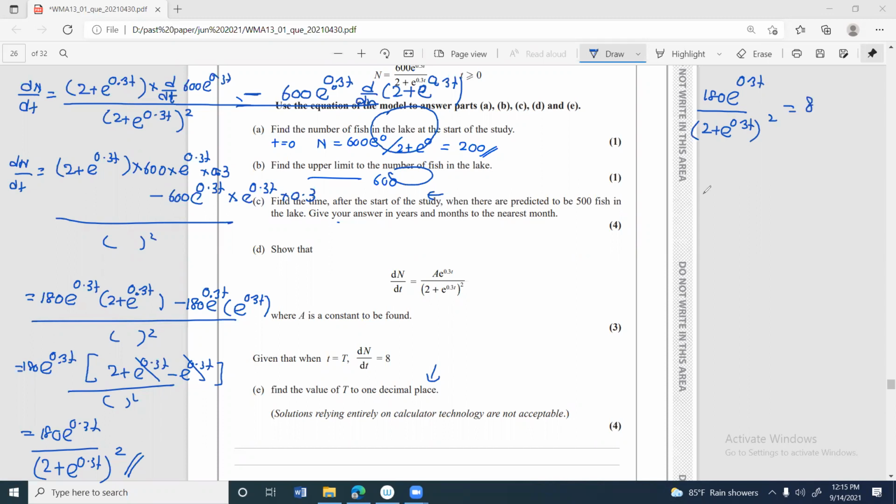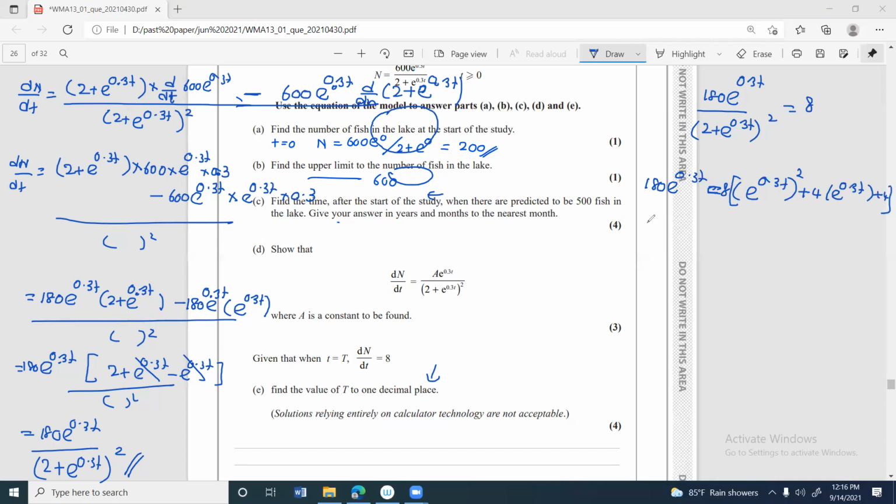Then we will cross multiply and try to get the answer for t. And if you cross multiply, you get 180 e to the power 0.3t equals to 8 times of expansion of this, which is e to the power 0.3t whole thing squared plus 4 times of e to the power 0.3t plus 4.